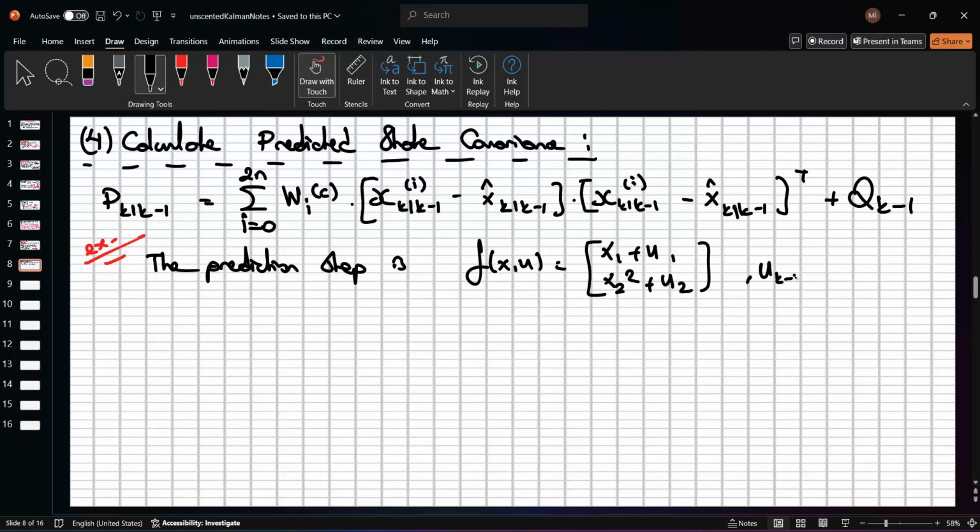And u k minus 1 may be equal to 0.5 and 1.0, and Q k minus 1 can be selected as 0.1, 0, 0, 0.1. These are the selected matrices.